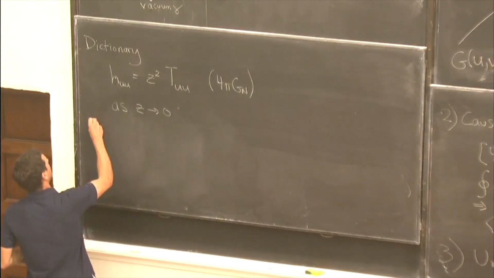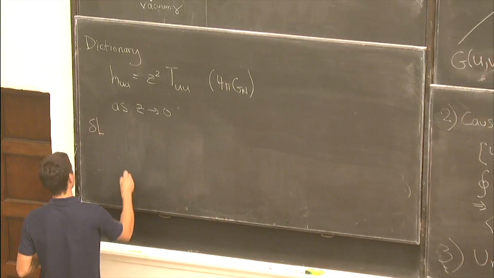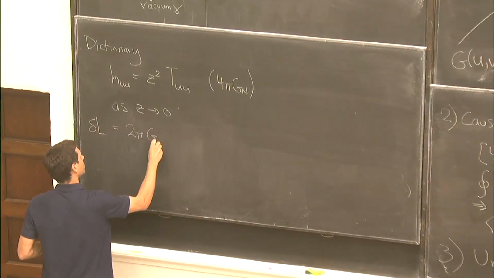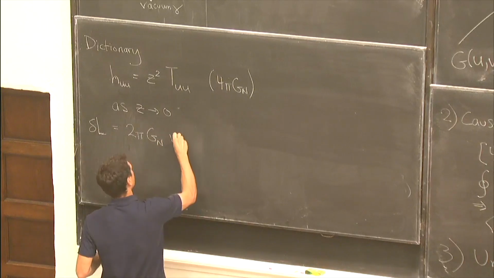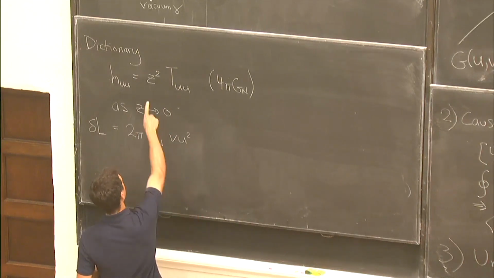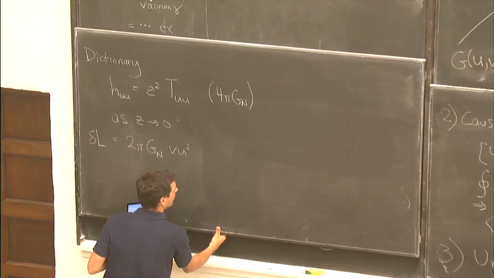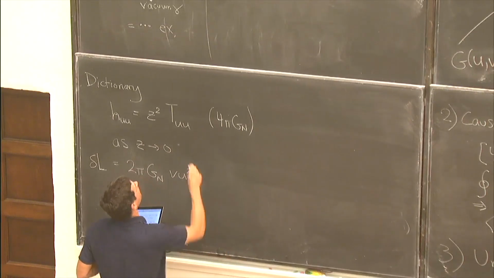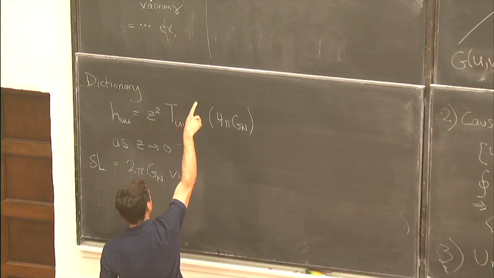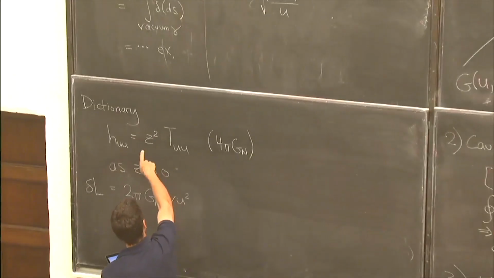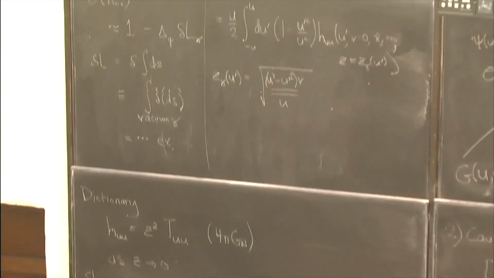So as an operator, the conclusion is that delta L is 2 pi G Newton. I'm just plugging in that formula for z squared along the geodesic, calculating, and rewriting this in terms of the stress tensor.